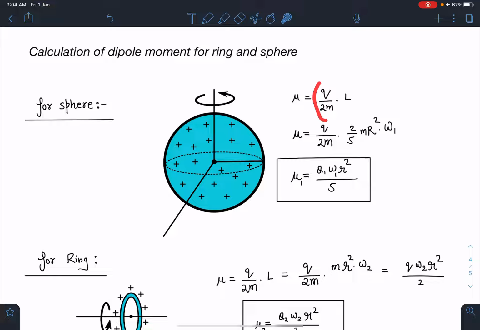So I can substitute q by 2m into the angular momentum. It behaves like a solid sphere, so its angular momentum is I omega, which is 2 by 5 m r square times omega 1. Now m gets cancelled, and 2 and 2 also get cancelled. Instead of q, we have q1, instead of omega, omega 1, and small r square divided by 5. This is going to be the value of mu1.